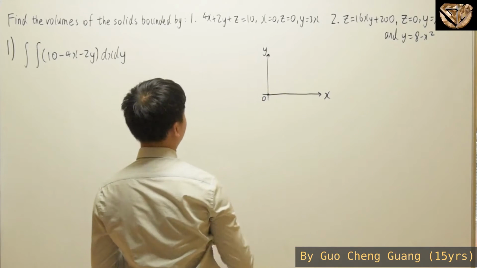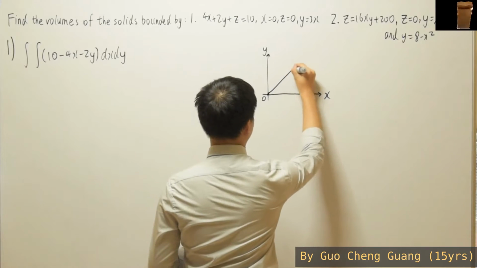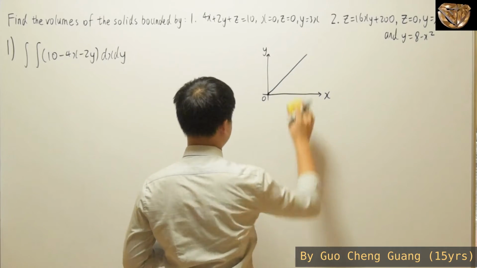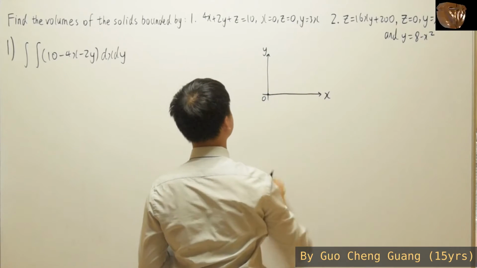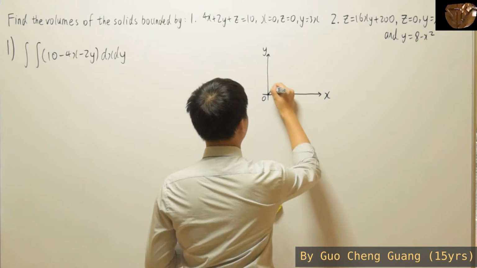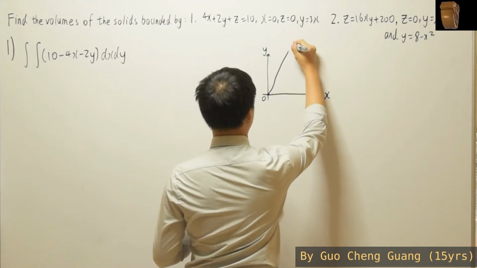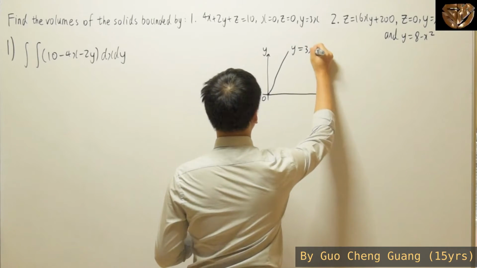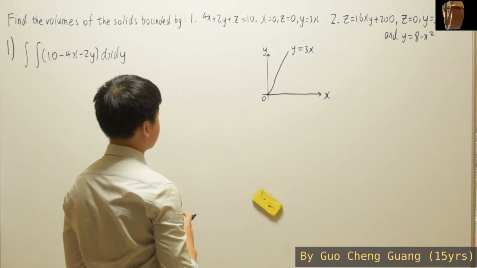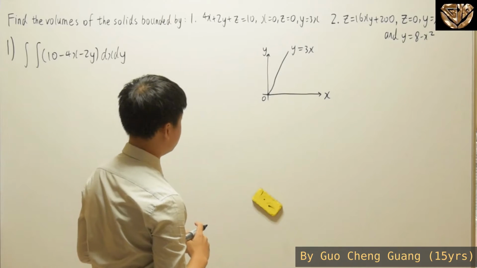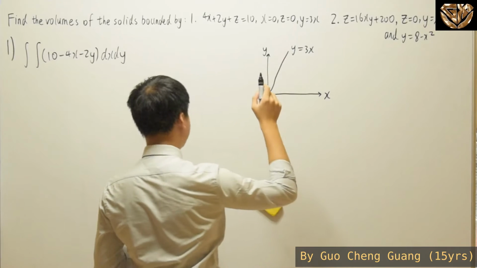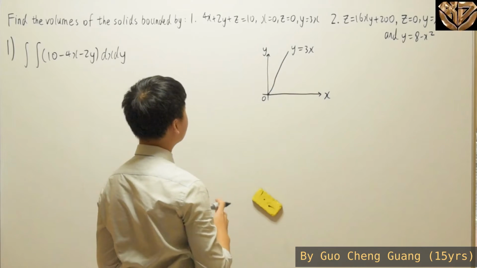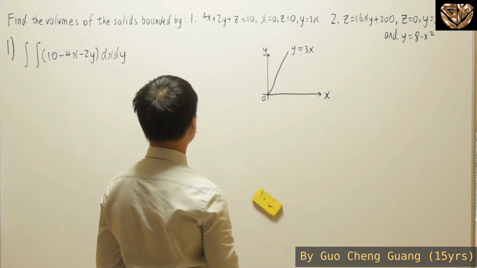So we have y is equal to 3x. x is equal to 0, which is your y-axis, or the y-z plane. And what else?